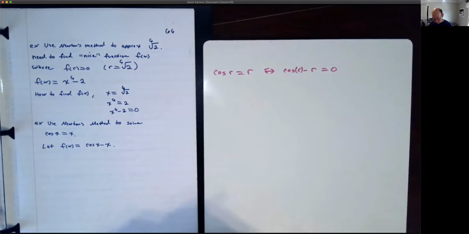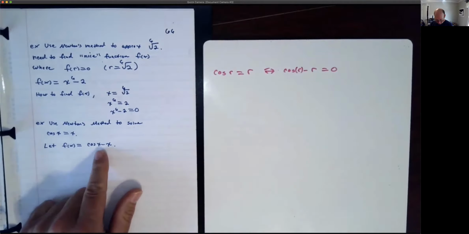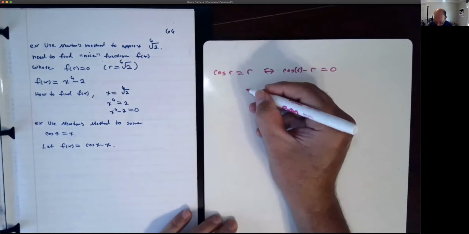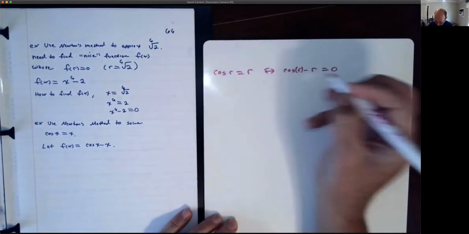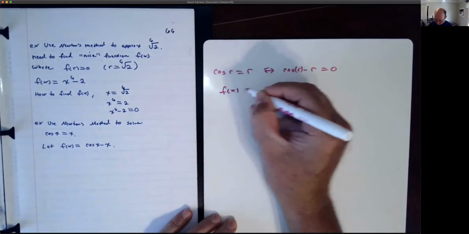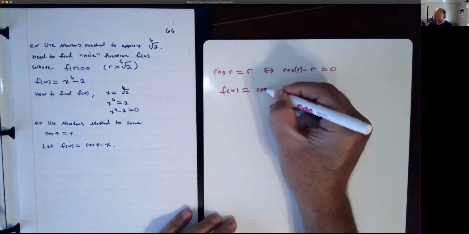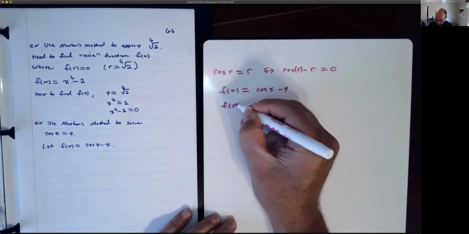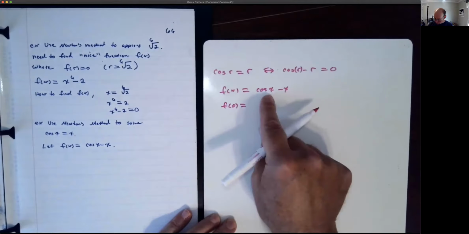Okay, so let's start with a guess. Well, we're looking for a root of this equation. So f of x is cosine of x minus x. So if we try 0, cosine of 0 is 1.